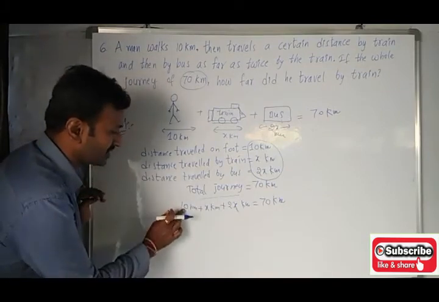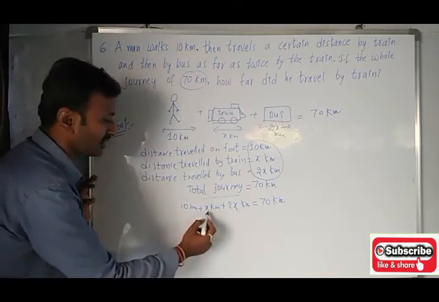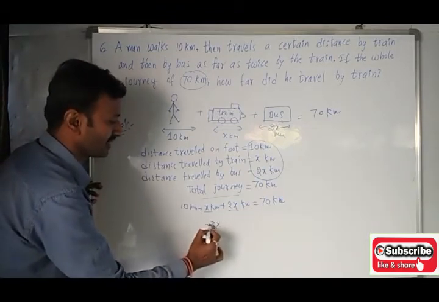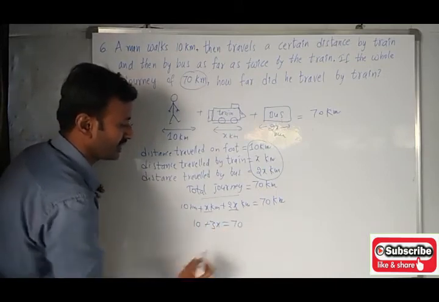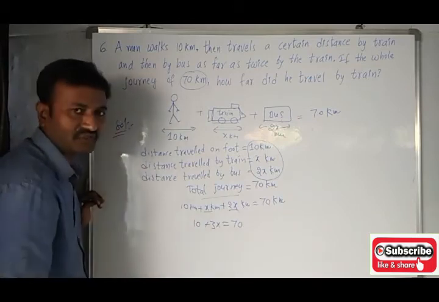We should not add 10 to any of these numbers. Now x plus 2x, how much? 3x, and 10 plus 3x is equal to 70. Here I am not writing kilometers because you may get confused.